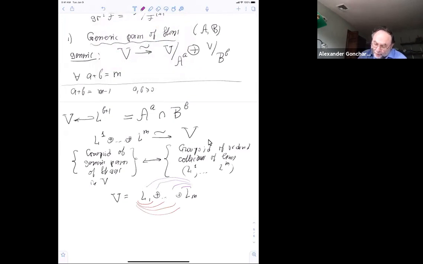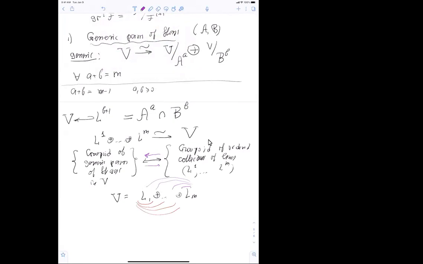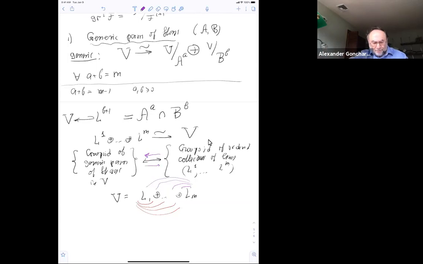And how you go the other way, I already described. You have a generic pair of flags, then you take the corresponding intersections, which are one-dimensional. Okay, so as I said, this is quite trivial and very well known.